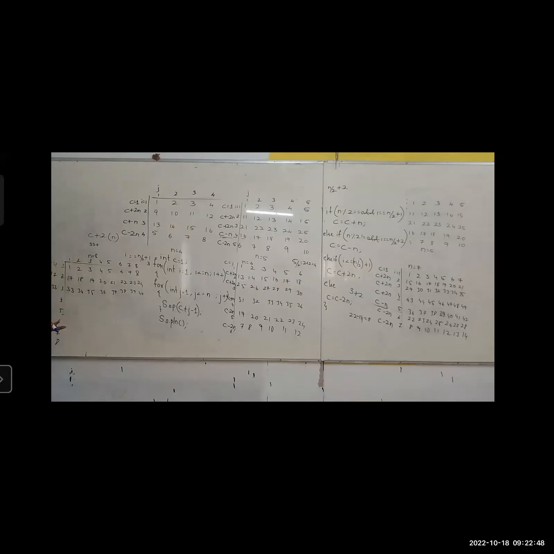Of course not equal, but definitely less than 5. So here, 33 plus 2 star 8, it is 33 plus 16, 49. 49 I get.